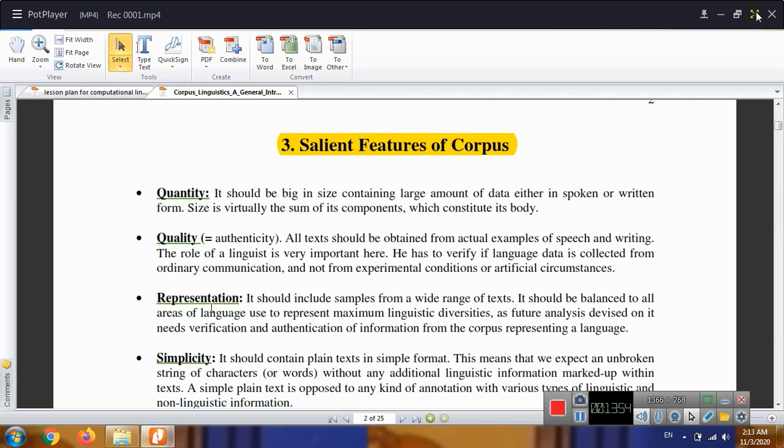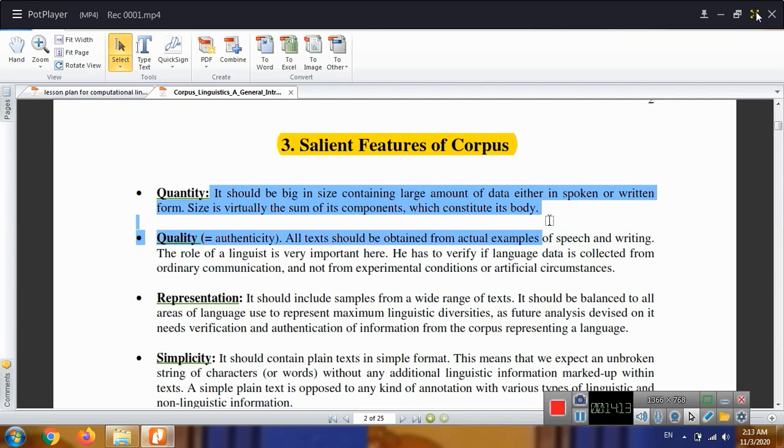But what about quantity? These features are correct for all corpora. Quantity. But what do we mean by quantity?